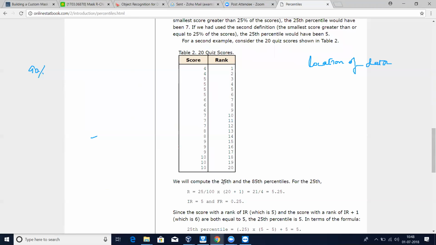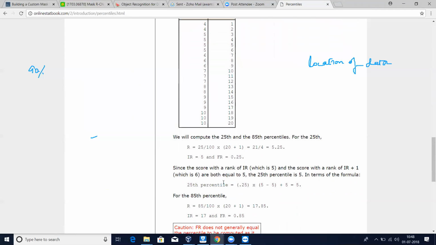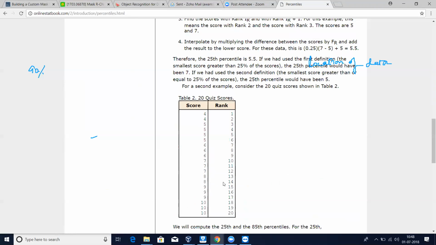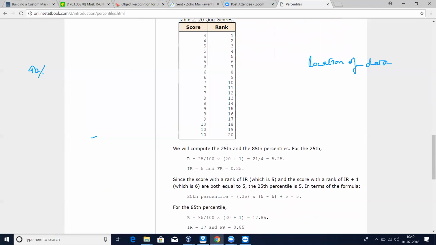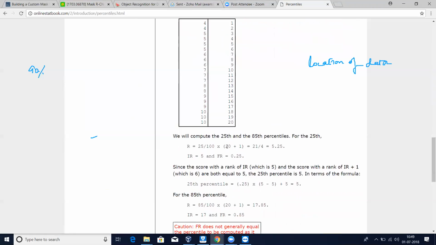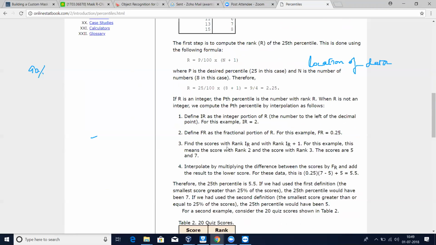Suppose you want to find the 25 percentile of the data. This is how you do it. Here you calculate IR, and for the 25 percentile you are doing 25 into 20 plus 1. This is the highest value, and this is the lowest value. 1 is the lowest value, right? So that's what the formula is.